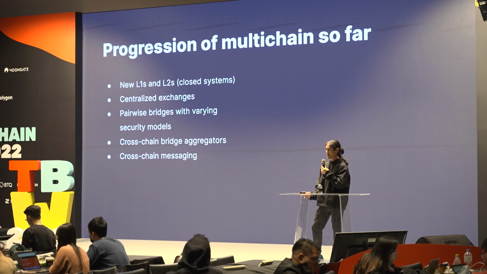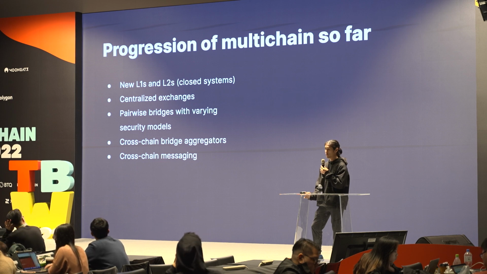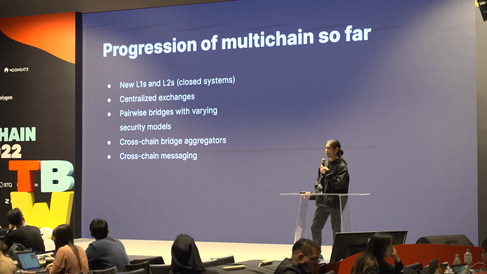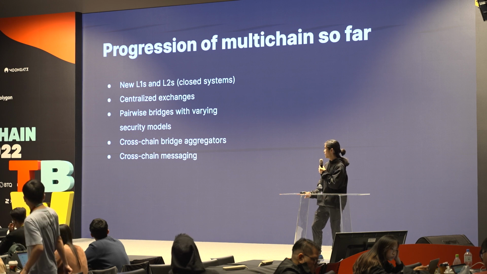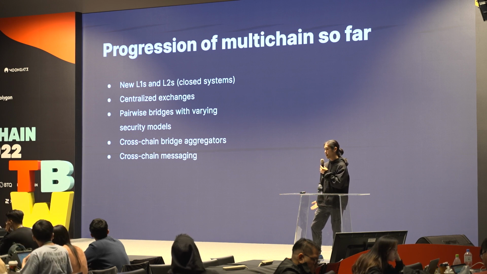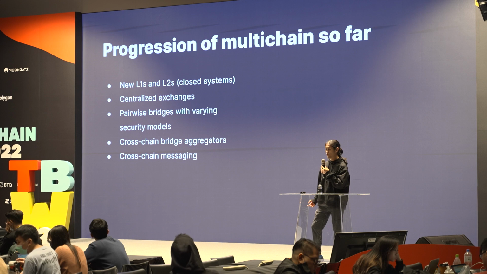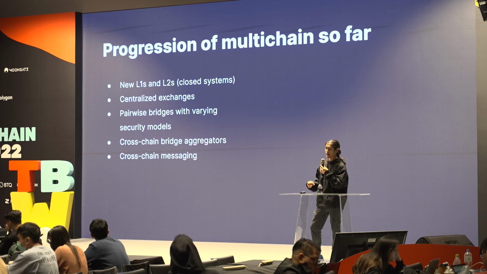Beyond that, more recently, probably the last 3-4 years, and even more so the past 1 or 2 years, have been these pairwise bridges. Things like the Wormhole Bridge, Nomad, et cetera, that have varying security models, but generally try to do what centralized exchanges do, getting your assets from one place to another in an ideally more decentralized way.